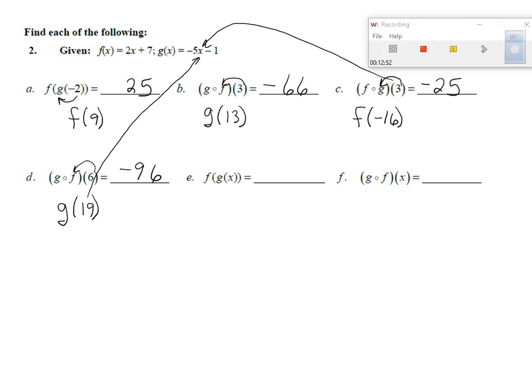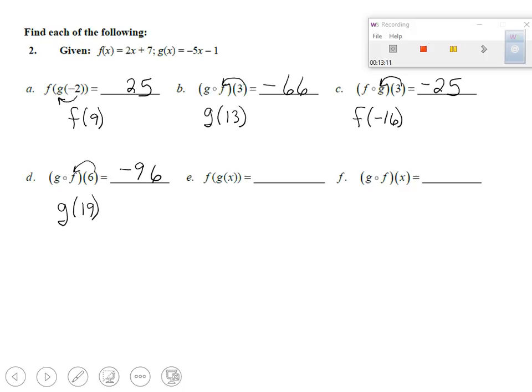Now let's work on part E. I need to find f of g of x. Now, I'm not plugging in a number this time, so I'm going to get something. So this says take the function of g and dump it into f. And guys, here's how I like to do it. I come up here, circle g, put an arrow where you're going to dump it.